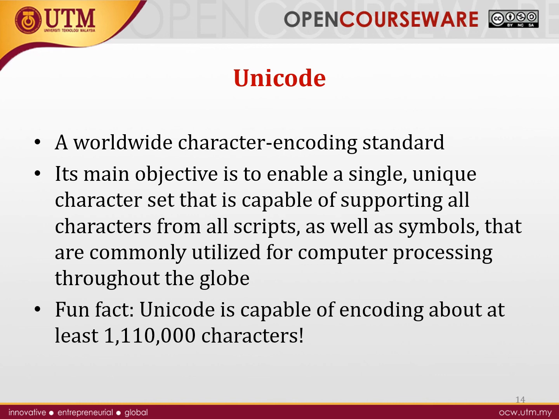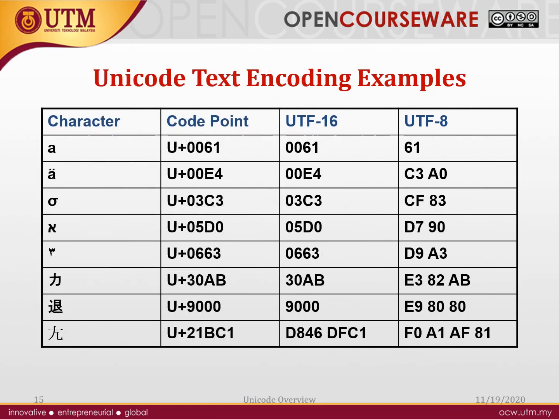So the computer, once again, does not read letters the way that we see them. It converts each and every letter to binary numbers so that it can be saved in the computer. And these are examples of Unicode text encoding.